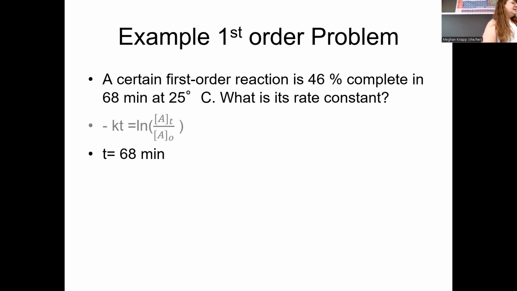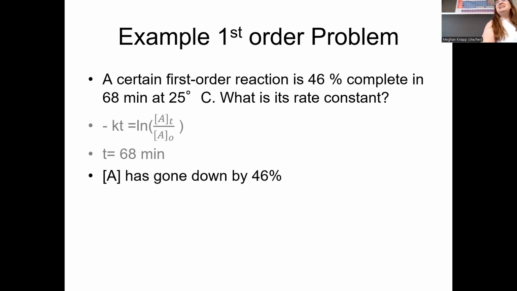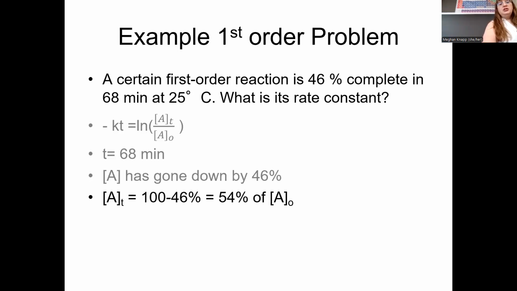Our time is 68 minutes, and it says A has gone down by 46%, okay? But A at time t isn't how much I've lost, it's how much is left, okay? So at time t, I have 54% of A0, okay? So if I have A0 on the bottom, A at time t is going to be 0.54 times A0.